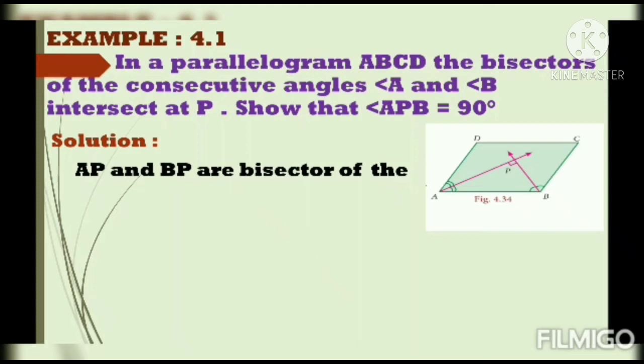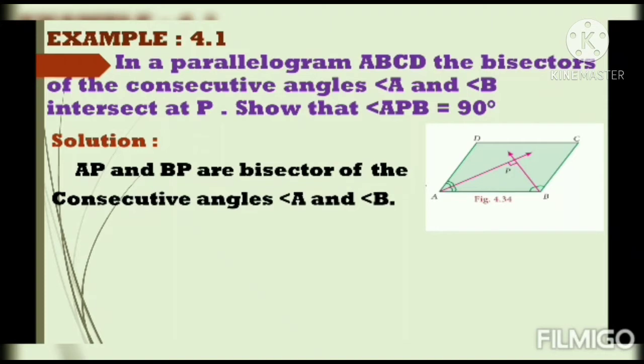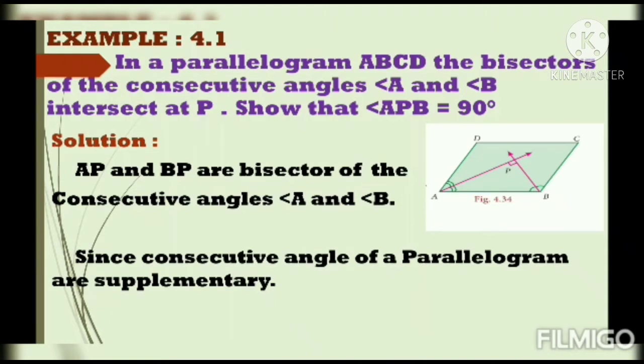AP and BP are the bisectors of the consecutive angles, angle A and angle B. Since the consecutive angles of a parallelogram are supplementary, we know it. The sum of the consecutive angles is 180 degrees.